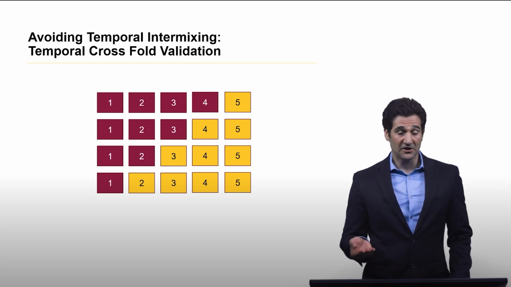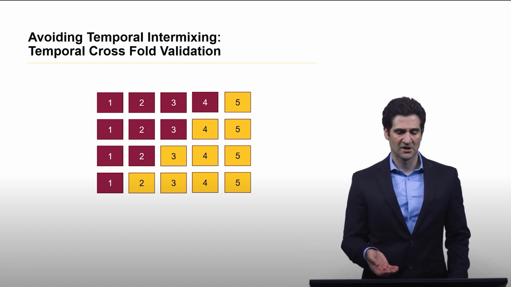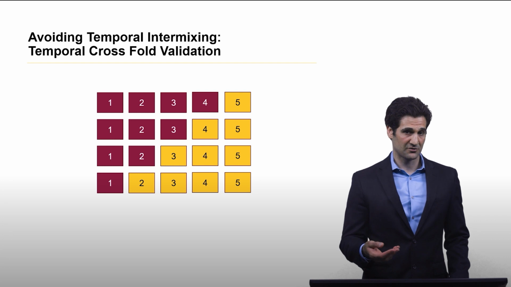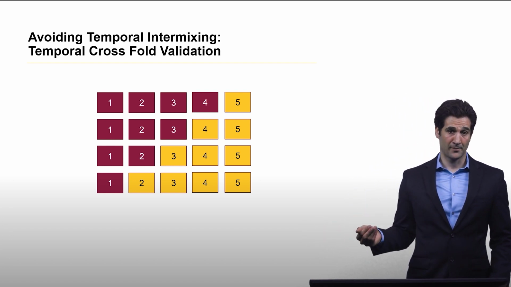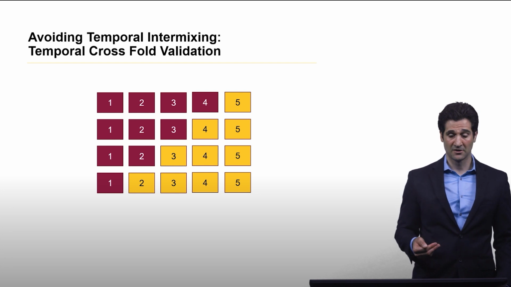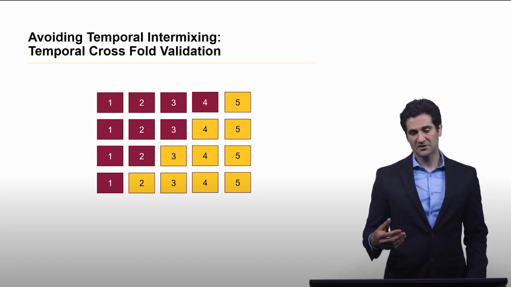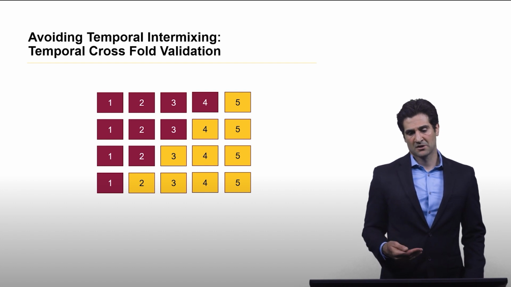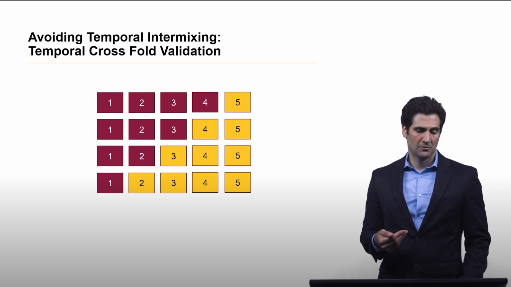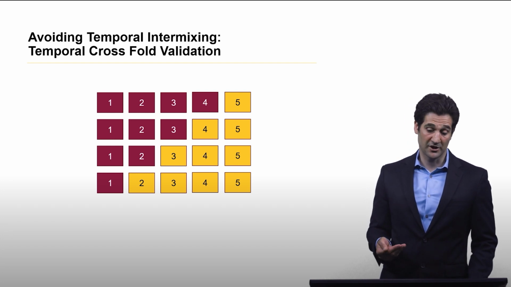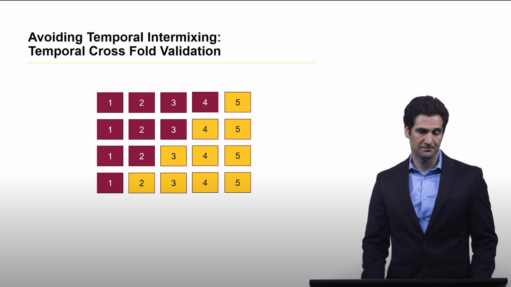Now, the issue here, of course, is the model is going to look much different in the first fold, where I have a lot more data, 4 partitions being used to train that model, as opposed to the last one. So this could lead to some results where you could obtain much better recall with the first fold and much better precision with the last one.